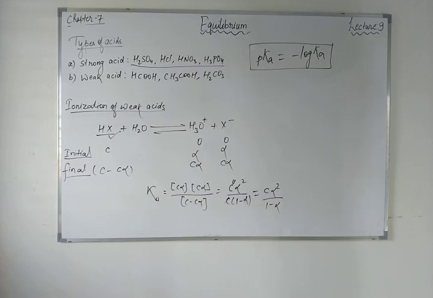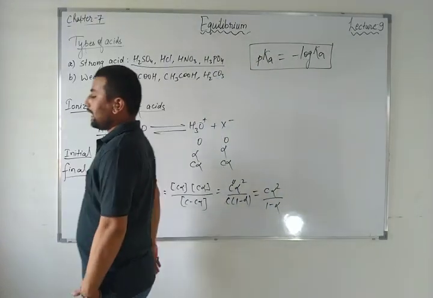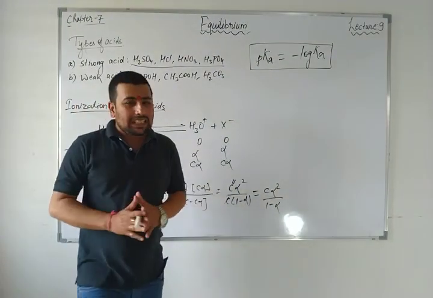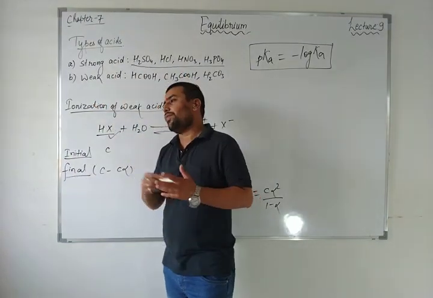Knowing the ionization constant Ka of an acid and its initial concentration C, it is possible to calculate the equilibrium concentration of all the species and also the degree of ionization of an acid and the pH of the solution. Remember, dear students, there are some steps by which you can calculate this. The main thing we should understand is the initial concentration of the acid and the final concentration.